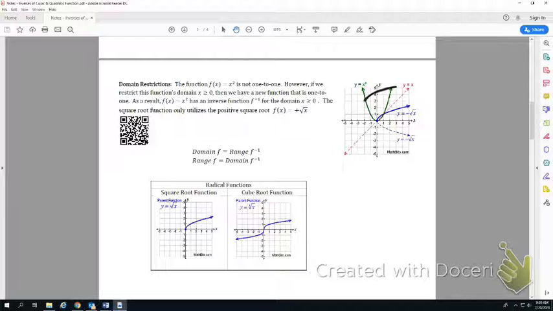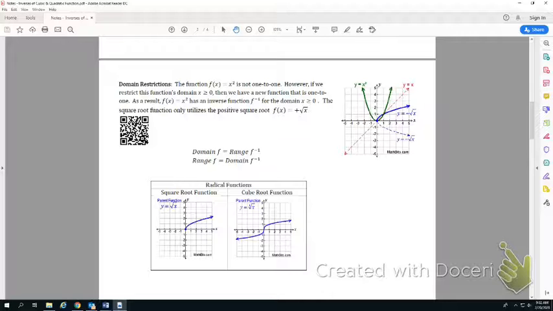So you got this little table down here. This has your parent square root function, and then your parent cube root function, which, if you notice, looks somewhat similar, but it does go up at a little bit higher rate than your cube root.